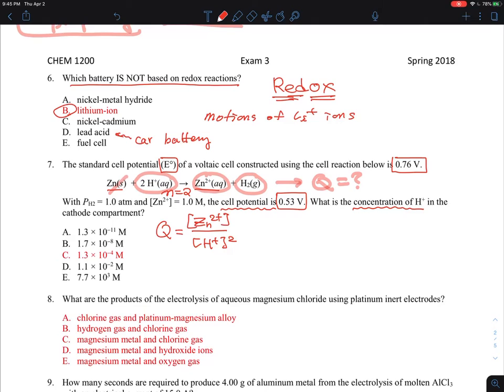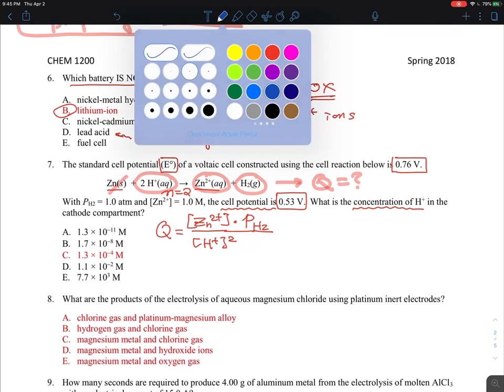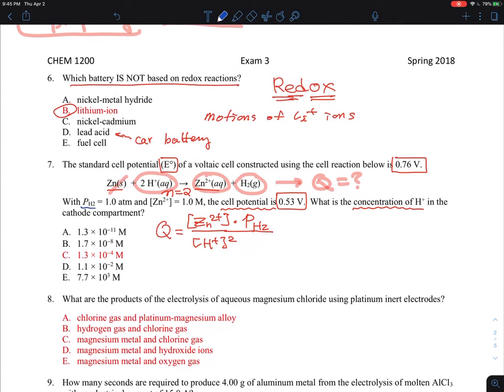Anything in solution uses the molar concentration, but for the gas you have to use the partial pressure in atm. Here the partial pressure is 1 atmosphere, so this is 1, and the zinc 2 plus is 1.0 molar.